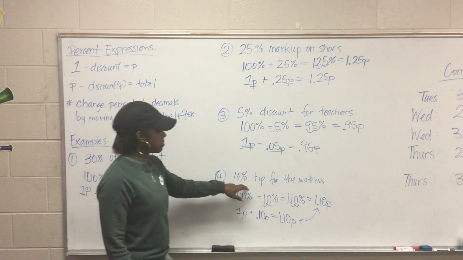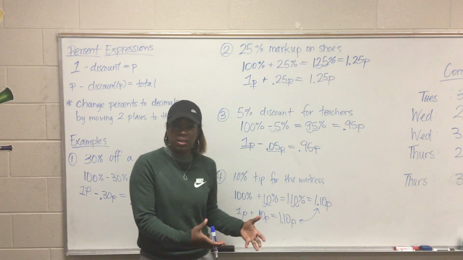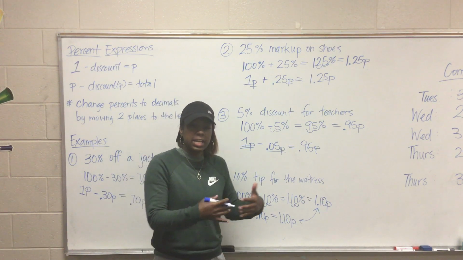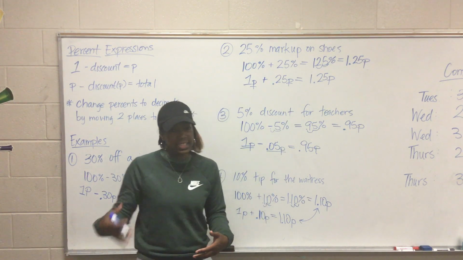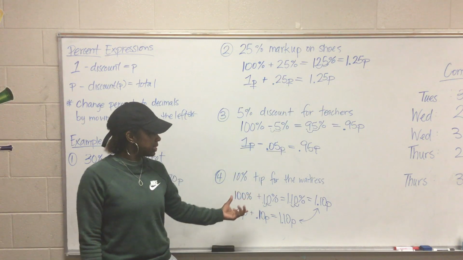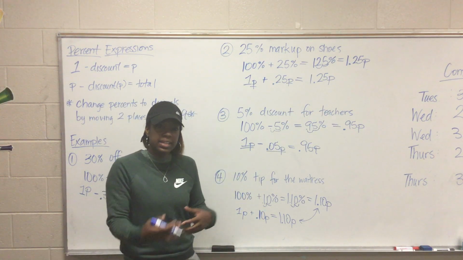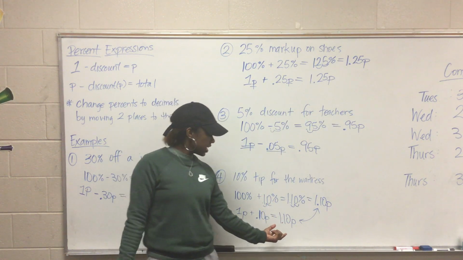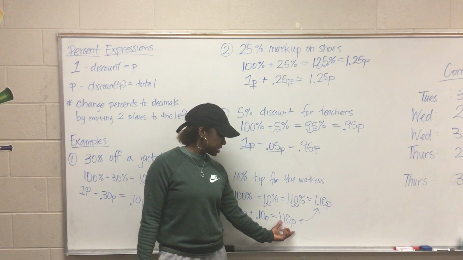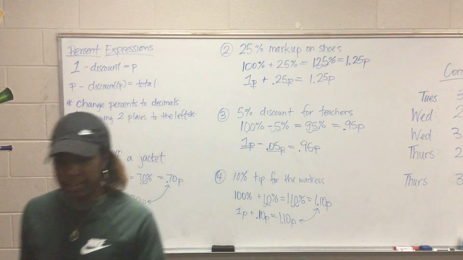If I have a 10% tip, I'm paying my whole bill, right? So my whole bill is 100%. If I'm adding a 10% markup or a tip, that's 100% plus 10%, and that'll give me 110%. Change that to a decimal, and we know that times the price will be our final answer.